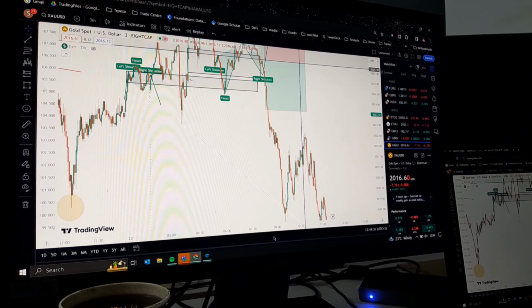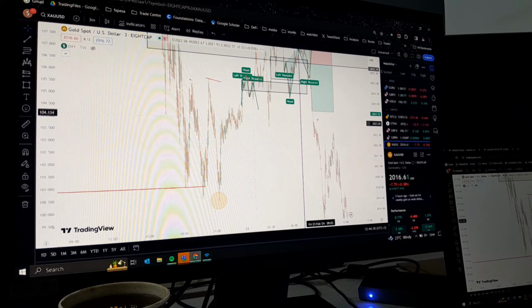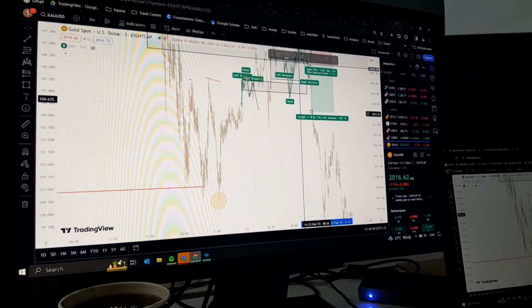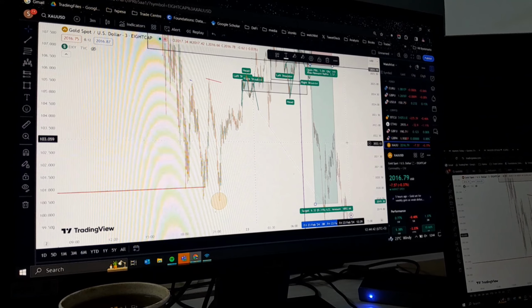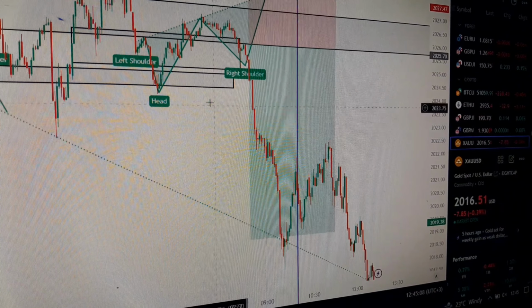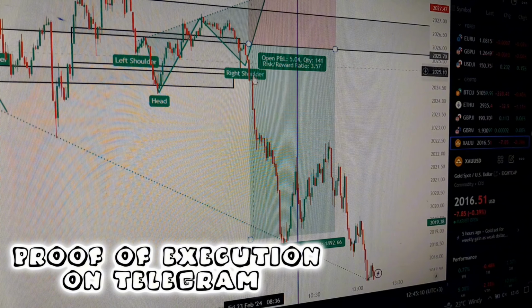We target this low, which would have been a beautiful trade for the day, for today.